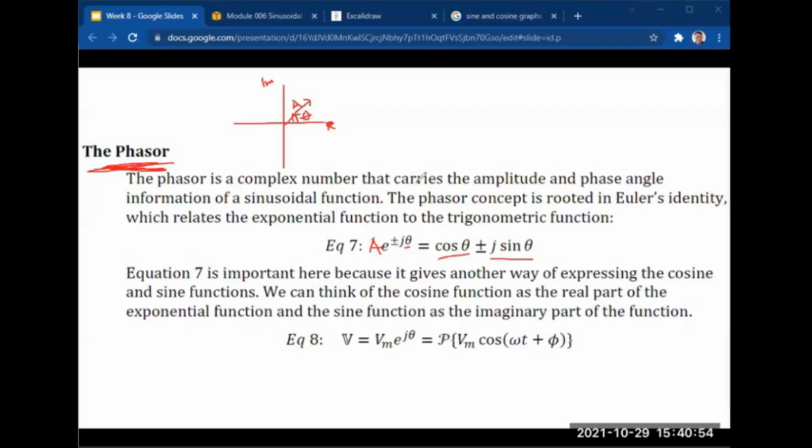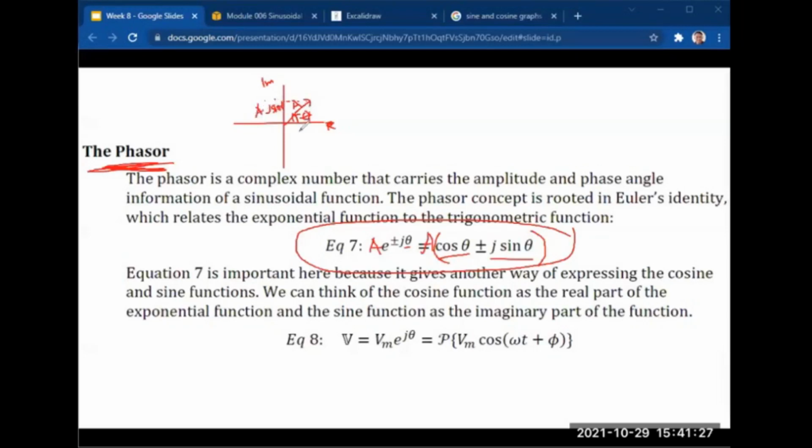So what does a phasor diagram have to do with our sinusoidal function? This relationship was already established in advanced mathematics. I don't know if we should still discuss this here, but this is the y part, A j sine theta.